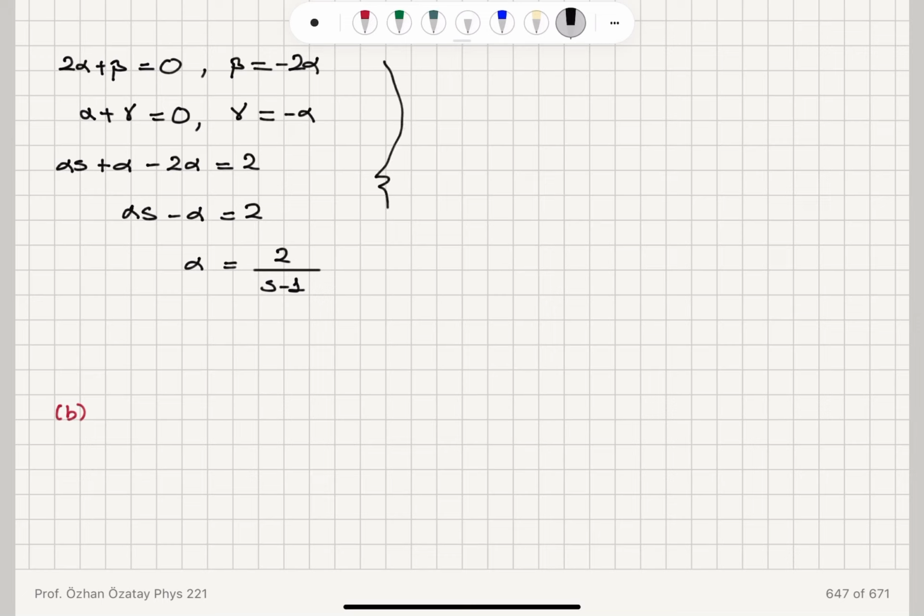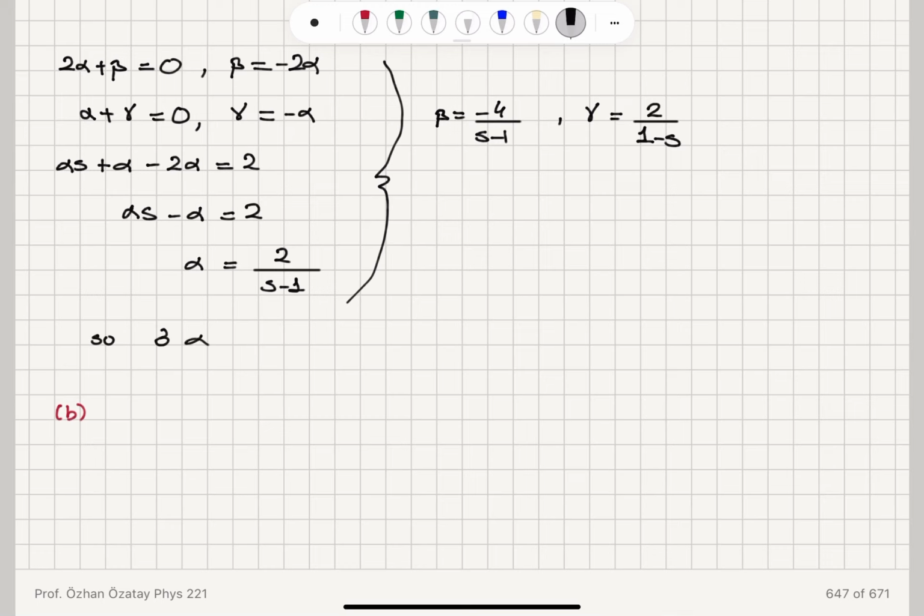Now with that, we can substitute for beta. Beta is equal to minus 2 alpha, so it is minus 4 divided by s minus 1. And for gamma, which is equal to minus alpha, we have 2 divided by not s minus 1, but 1 minus s, because of the minus sign. So we see that the total scattering cross-section depends on C, v, and m in the following manner.